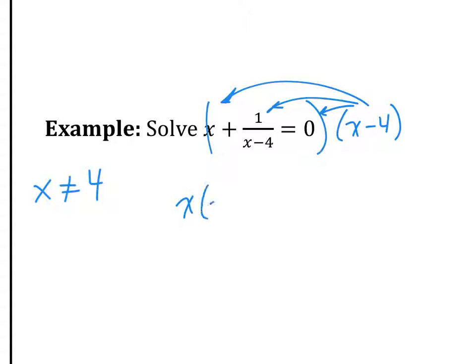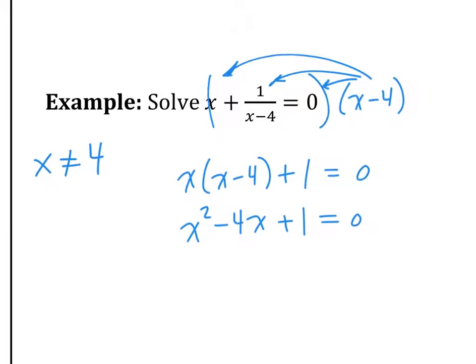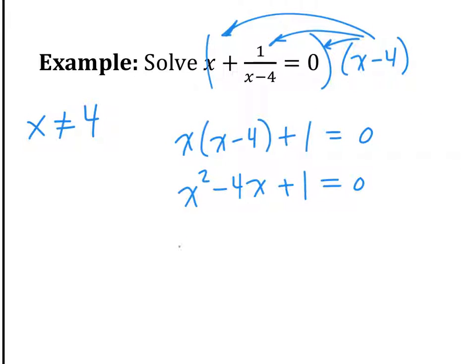So x times x minus 4 plus 1 equals 0. Remember to factor and solve. It has to equal 0, okay? All right, this one is x squared minus 4x plus 1 equal to 0, which you cannot factor, so you got to use quadratic formula. So x is equal to 2 plus minus square root 3.